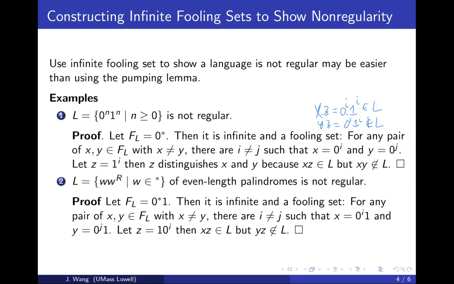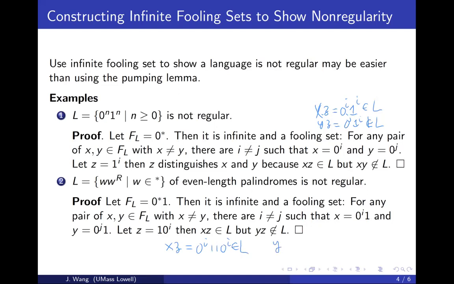So we let z be 1 followed by 0 to the i, so we know xz is 0^i 1 followed by 1 0^i, so this is in L.